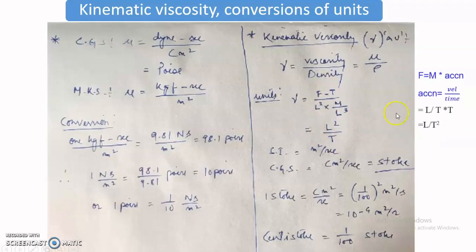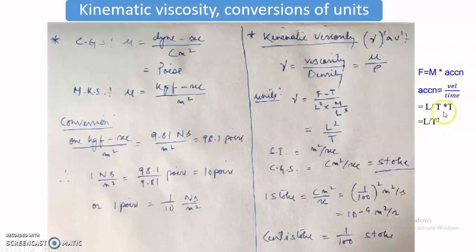How is it coming? See here, we know that force is equal to mass into acceleration. Then what is acceleration? Acceleration is velocity upon time, and what is velocity? Distance or displacement upon time, so acceleration becomes L by t square.